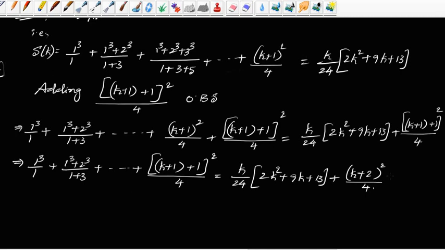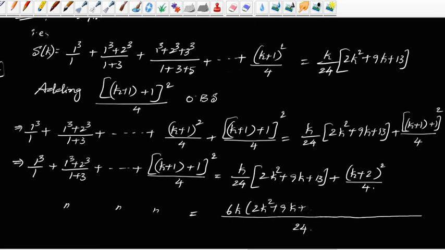Now simplifying the right hand side, (k plus 1) whole square means this one. Now taking the LCM on the right hand side, 24 is the LCM here. Now here 6 into k into (2k square plus 9k plus 13) plus, only k is there here, we will get 6 into (k plus 2) whole square.